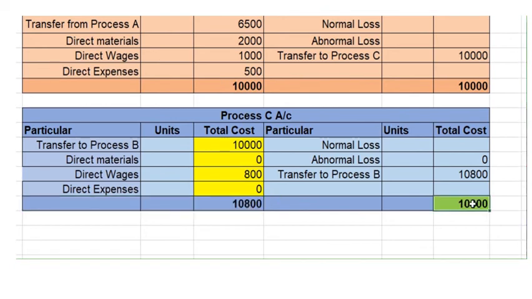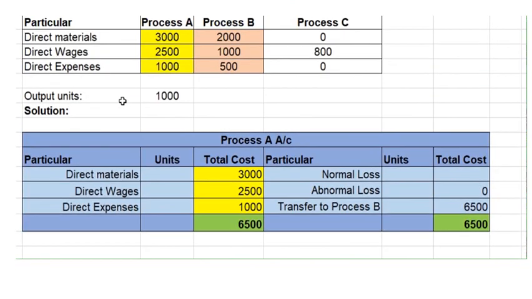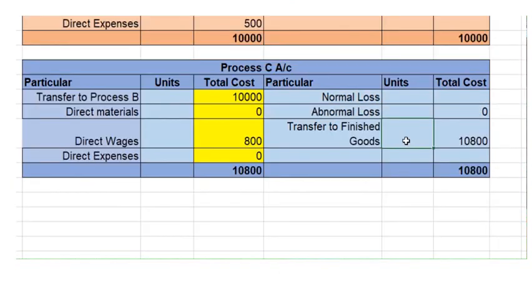Entering the same value on the right hand side total, we have 10,800. We do not have normal and abnormal losses. Next is the transfer to finished goods. Do we have the units for the finished goods? Yes, the output units are 1000. The value is 10,800 minus 0, which is equal to 10,800.